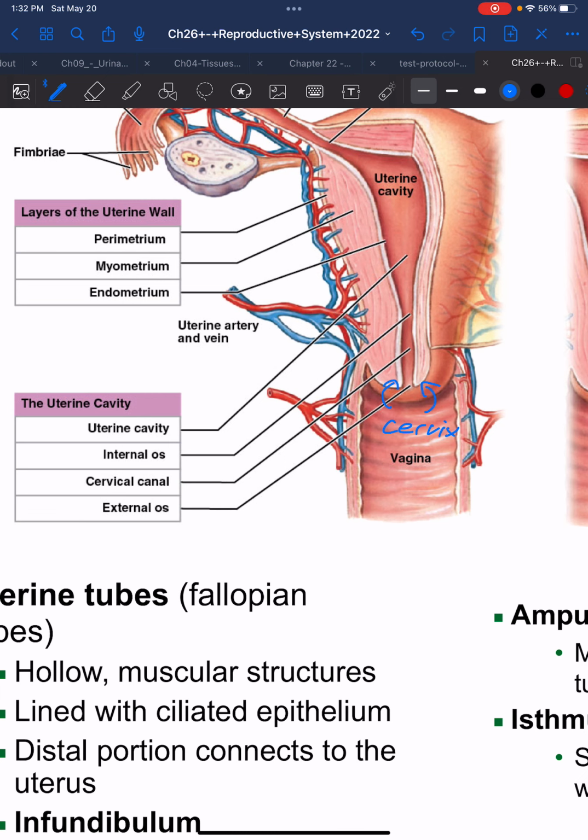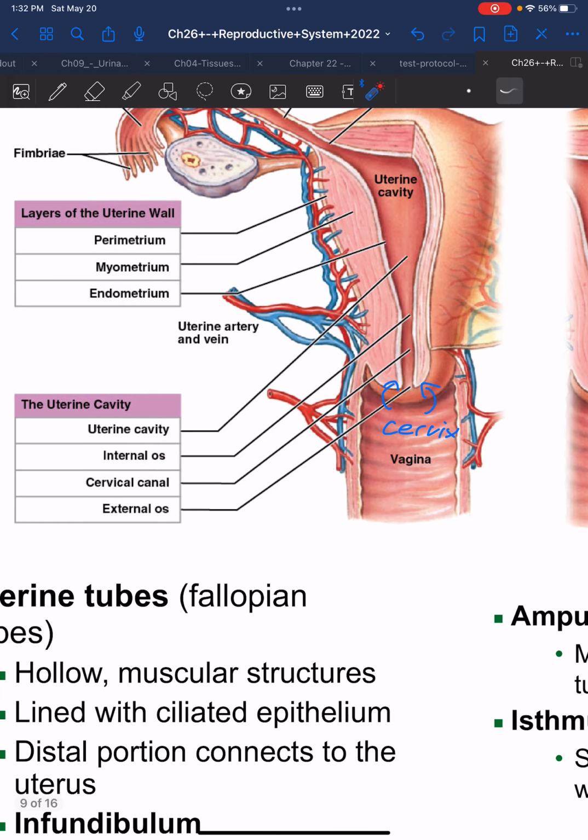Then we have the internal os, which is a passageway similar to the external one, only the external was that entryway, and the internal os is finally, we made it really deep into that uterine cavity. The space in between the internal os and the external os is your cervical canal.